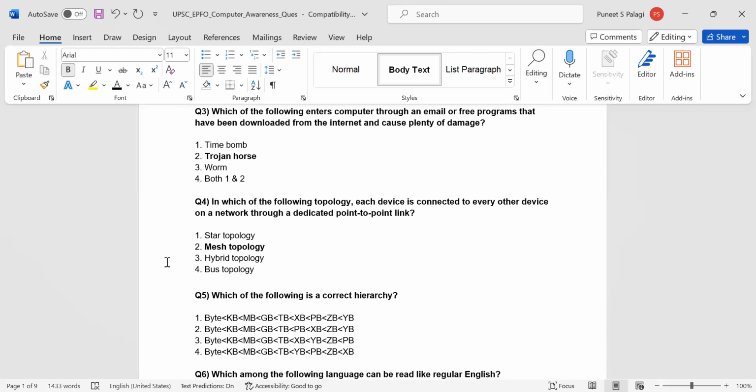So these are the options. These are all the memory sizes, right?